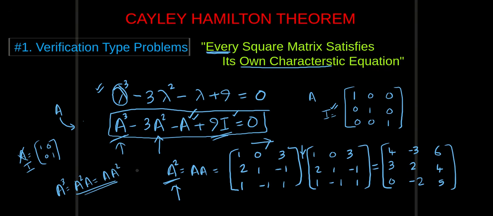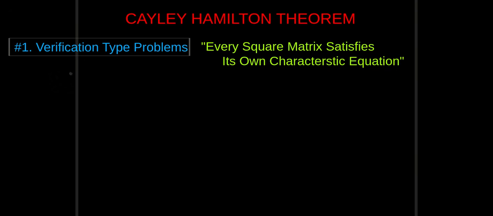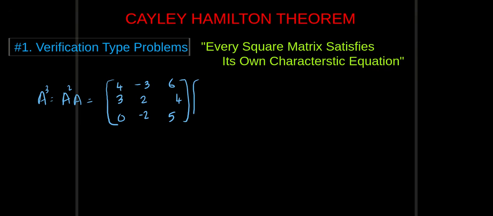Okay, so let's go for A cube, and that is A square into A, and that will be 4 minus 3 6, 3 2 4, 0 minus 2 5 multiplied by the given matrix 1 0 3, 2 1 minus 1, 1 minus 1 1.